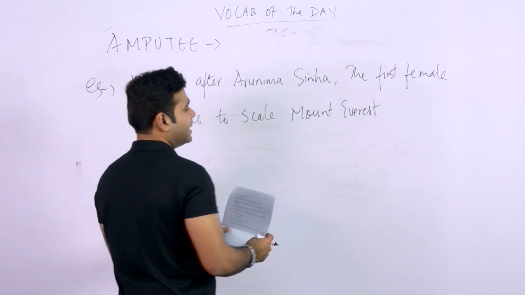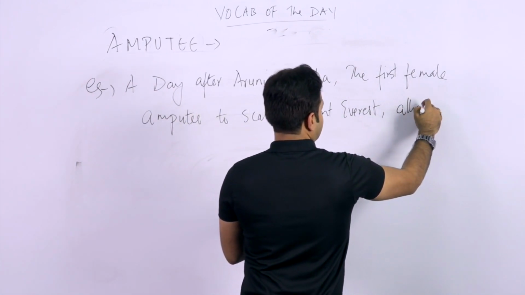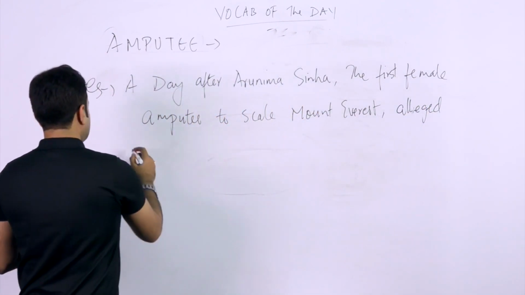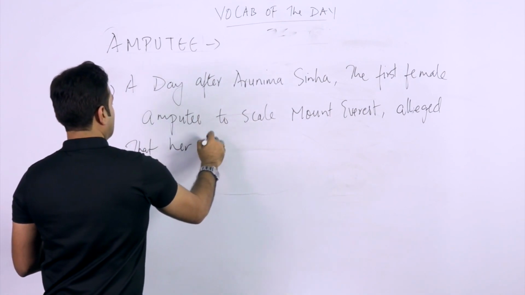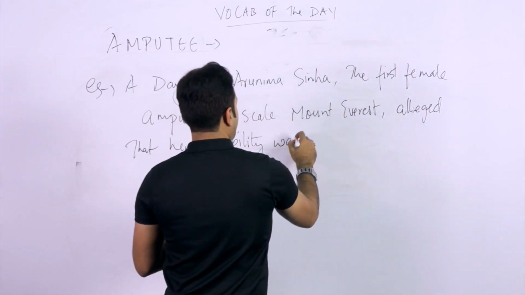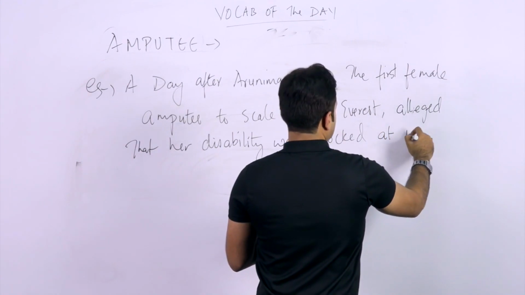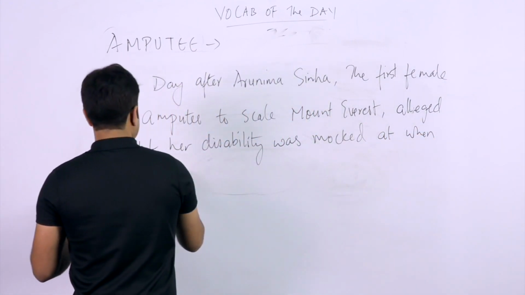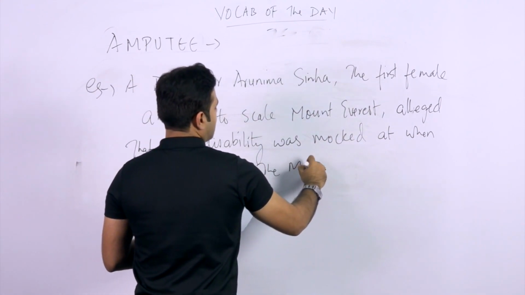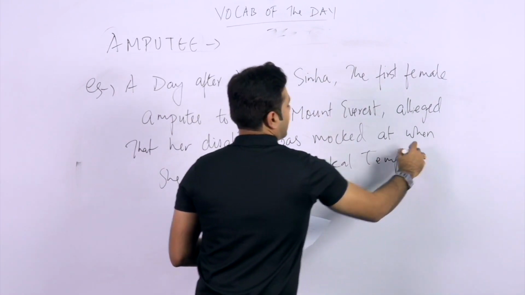There is again a sentence ahead after this. Further, the sentence is alleged, some people say alleged, that her disability was mocked at when she visited the Mahakal temple. Now this is the sentence, students.